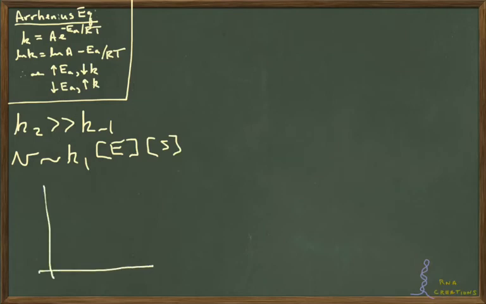So what people generally do is they'll draw something like this, and this is the reaction coordinate, and I'll probably only label the axis this one time. And then this is some kind of energy or free energy. Maybe I should keep it as activation energy for now.